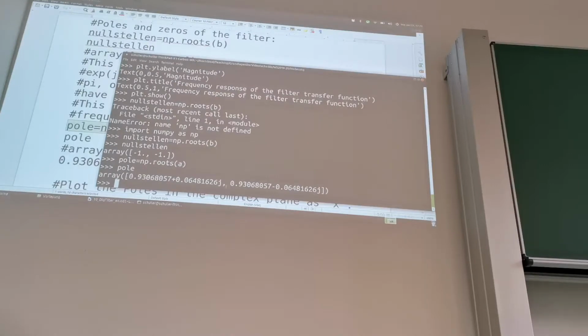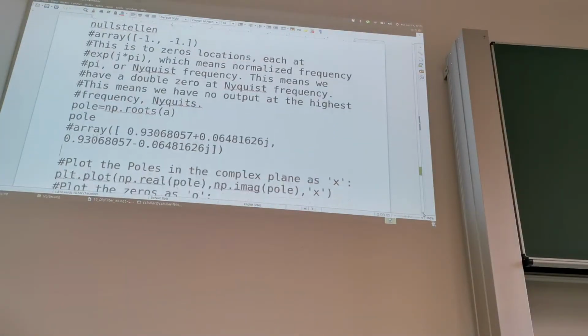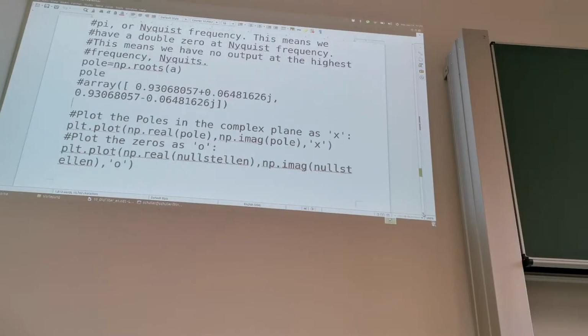So we have a conjugate complex pair here. Can you see it? So this now has an angle which is a little bit more complicated. It's not so obvious. You cannot really see it immediately. So here you can see again the numbers.